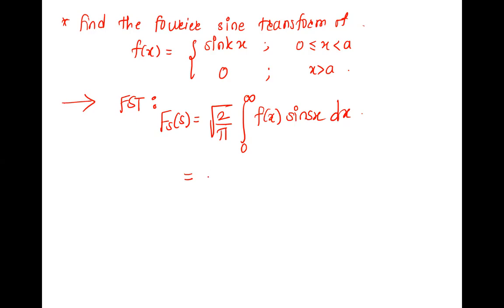So here it is root 2 by pi as it is. We have to write the function, and the function is this, out of which one part is directly 0, so we are not taking it into consideration. The value is this on this interval, that is, function is from 0 to a.